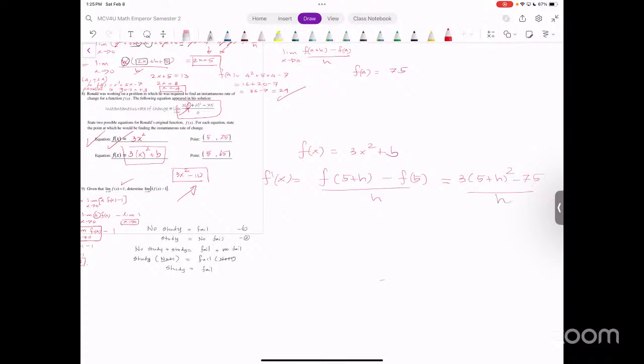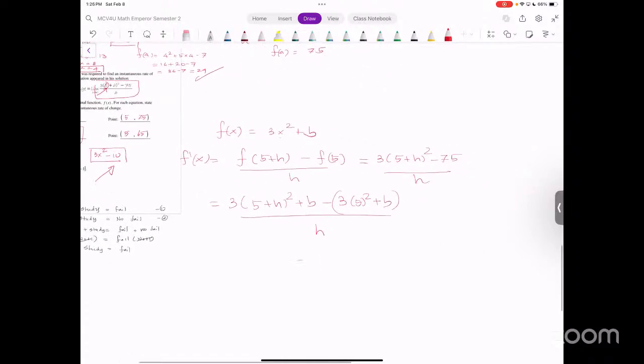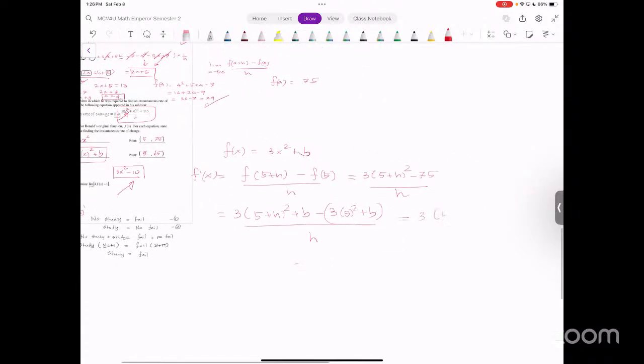Yeah. We need that final evaluation to match that. So technically speaking, this is 3 times (5 plus h) whole thing squared plus b, right? And minus that, going back to that value, is going to be 3 times 5 squared plus b, divided by h, right? And that should match 3 times (5 plus h) whole thing squared minus 75 over h.